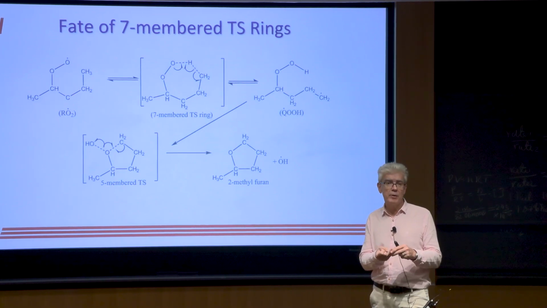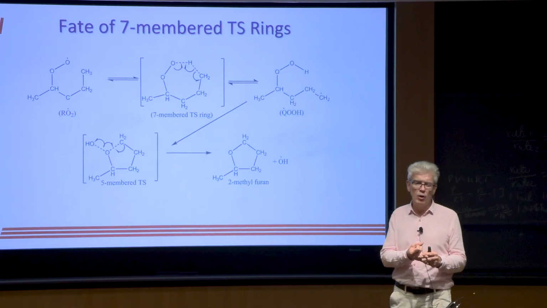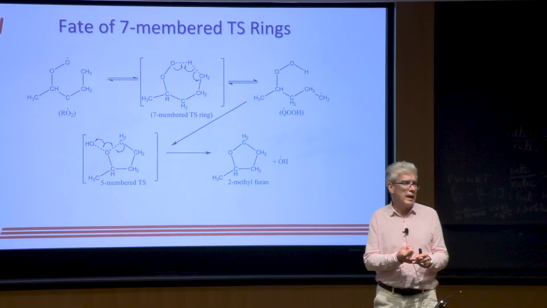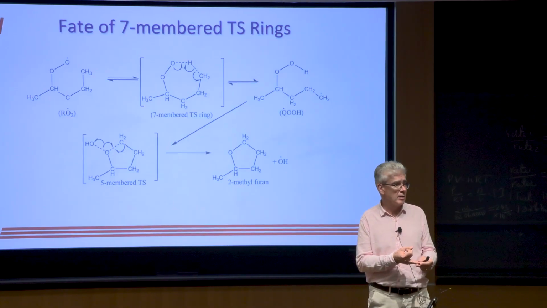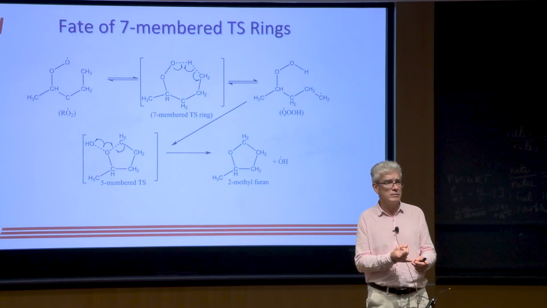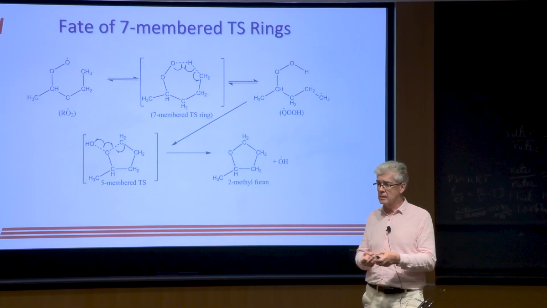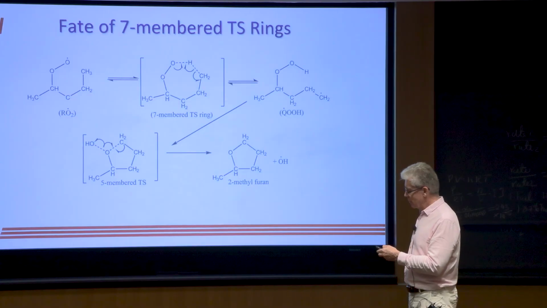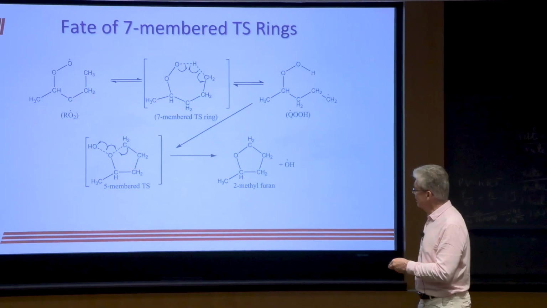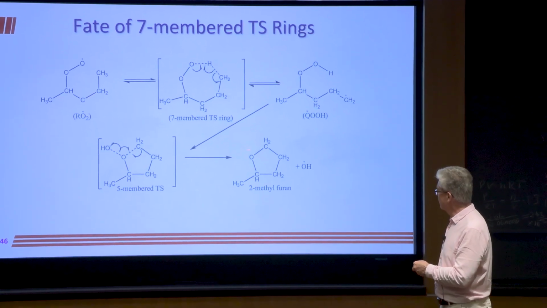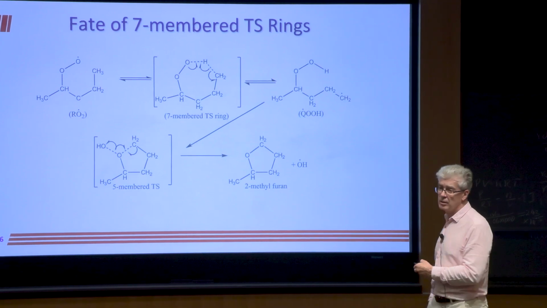It gives you a 6-membered ring hydroperoxy alkyl radical, but there's no low activation energy outlet to propagation for that. For a 7-membered transition state ring, you get a hydroperoxy alkyl radical, but there is a low activation energy outlet for that, which is this cyclic ether plus OH.